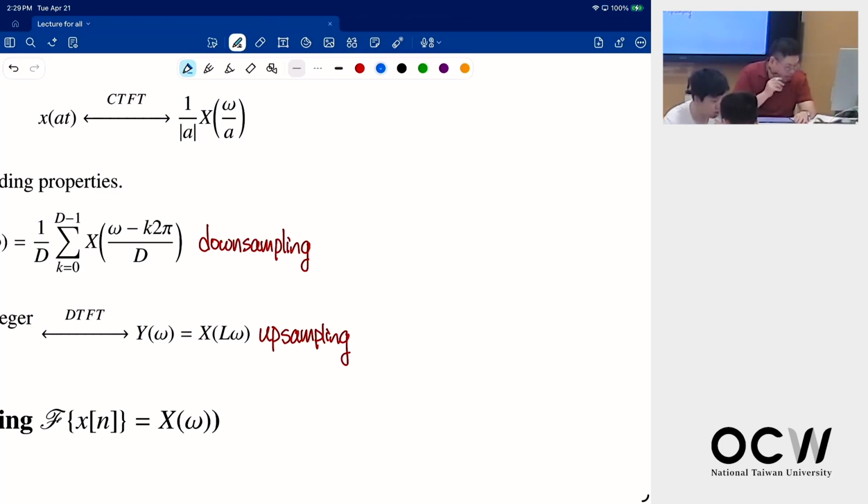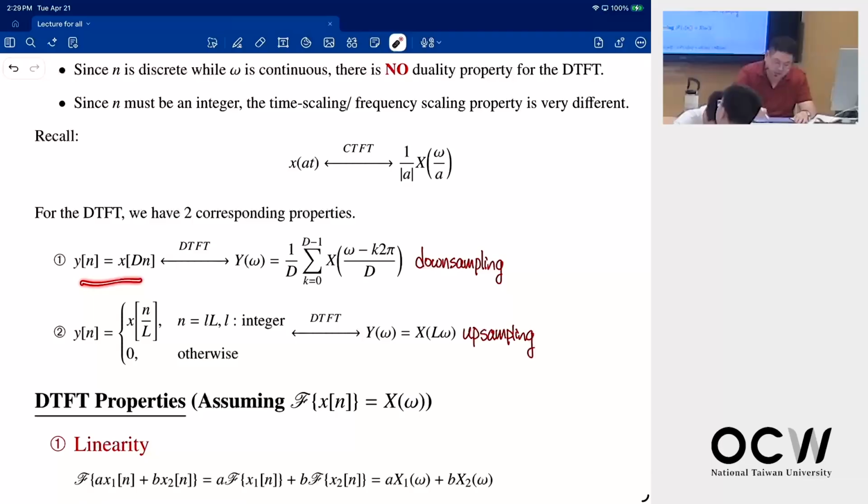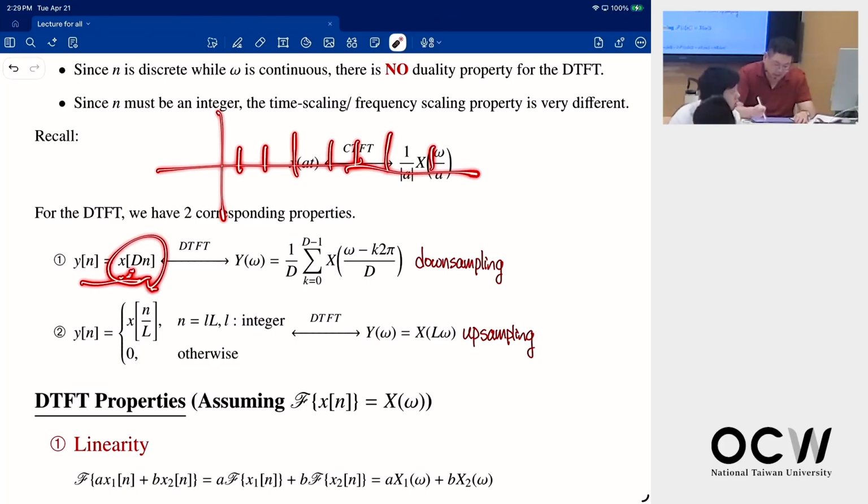In downsampling here, you can see that I only keep fewer samples, because now you have x of dn, so you only pick, maybe if d is 2, so you only get fewer samples here.